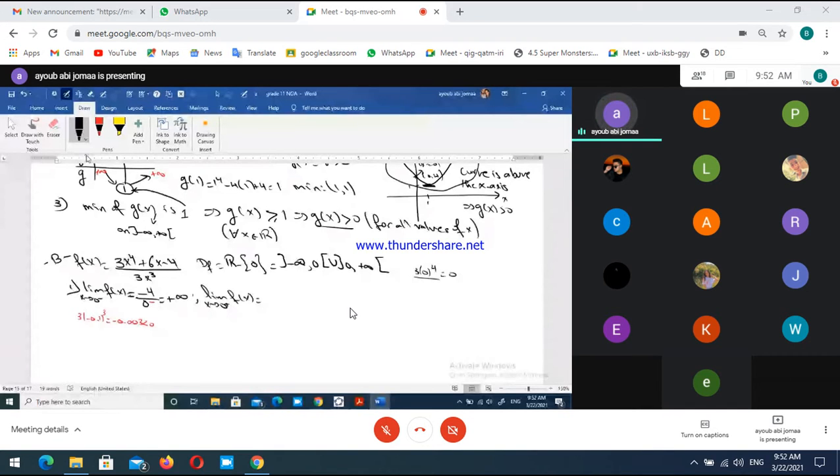If you take a number slightly greater than 0, 0.1 for example, 3 times 0.1 to the power 3 will be positive 0.003, so 0 plus gives positive. Negative divided by positive is negative infinity.